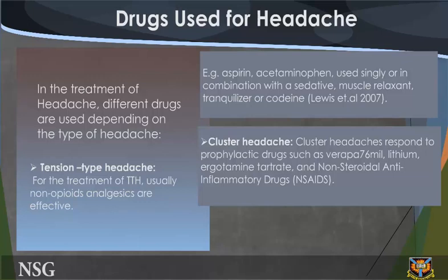Drugs used for headache. In the treatment of headache, different drugs are used depending on the type of headache. Tension-type headache: for the treatment of TTH, usually non-opioid analgesics are effective, e.g., aspirin, acetaminophen, used singly or in combination with a sedative, muscle relaxant, tranquilizer, or codeine (Lewis et al., 2007).